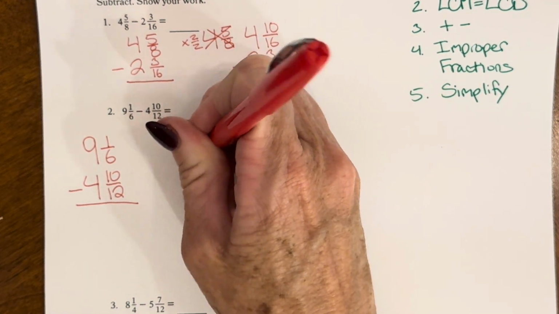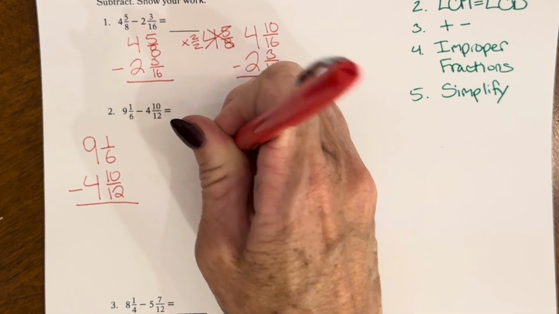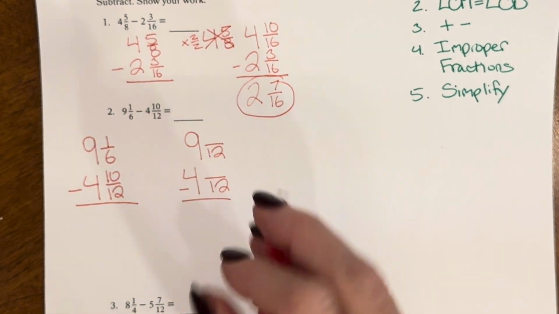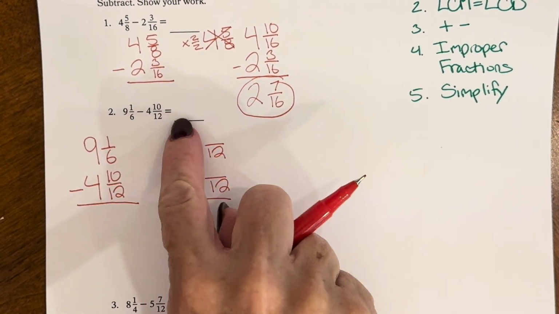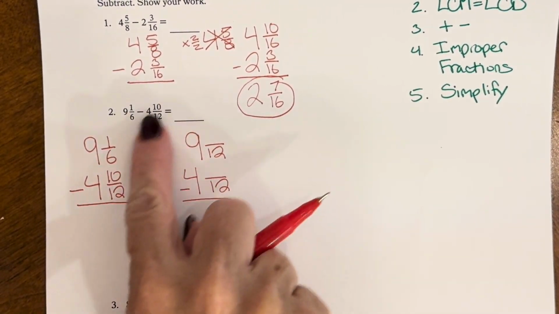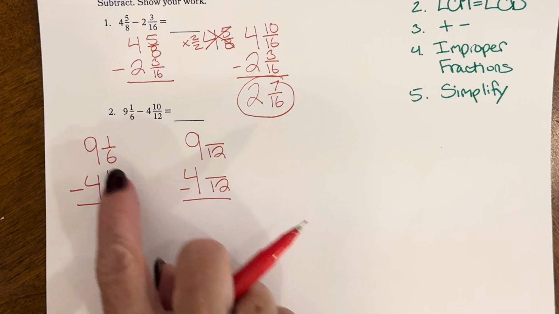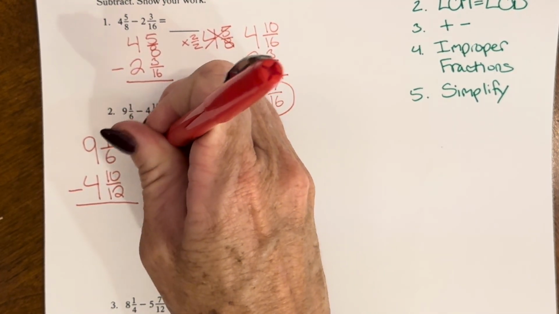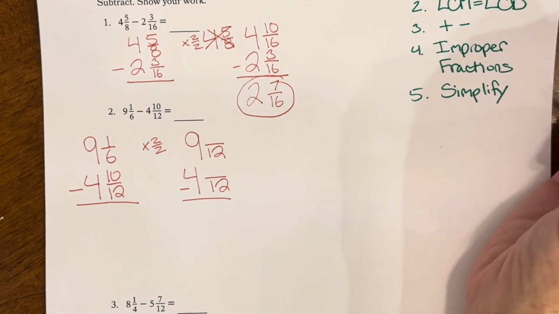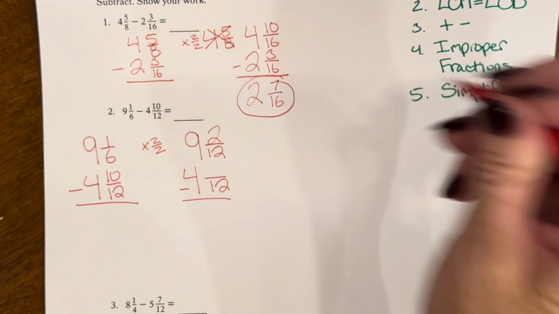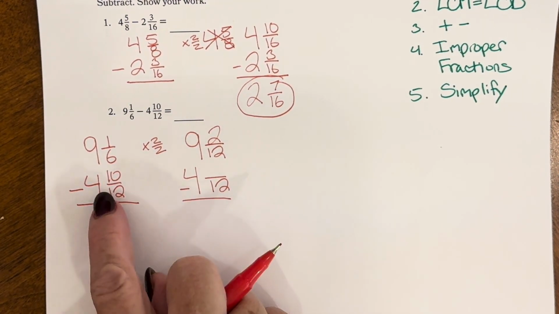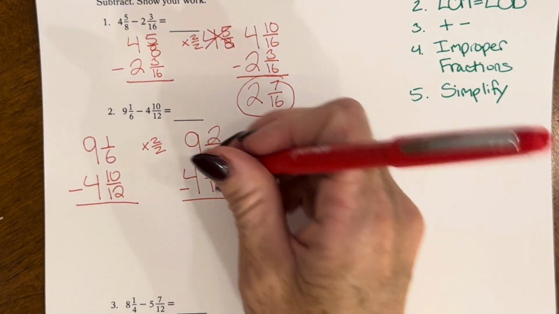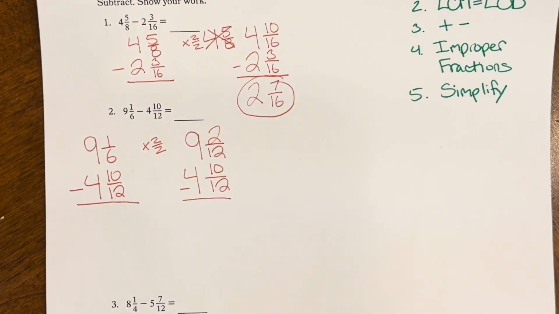So I'm going to set up my entire problem with denominators of 12. Notice how I line up fractions, I line up whole numbers, and I left space in between. What happened to 6 to become 12? It was multiplied by 2, so I multiply my numerator by 2 and get 2/12. What happened to 12 to get to 12? Nothing, so I do nothing to my numerator.